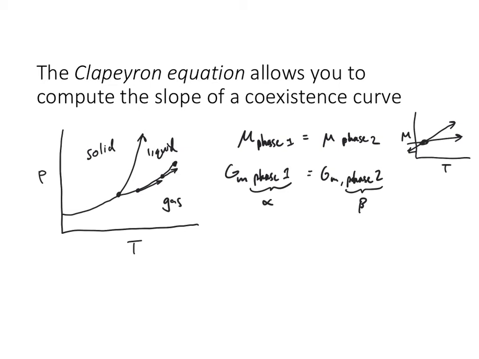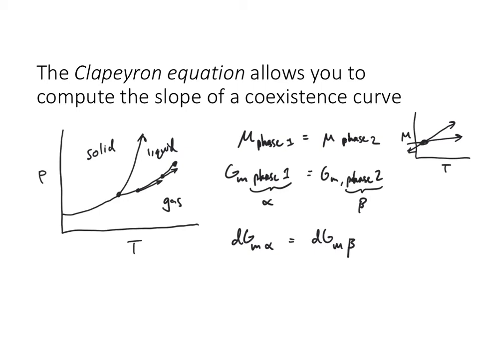Now, if the chemical potentials or the molar Gibbs free energies are equal to each other, then along this coexistence curve, any tiny change in the molar Gibbs free energy is going to be equal between the two phases. The molar Gibbs free energies of alpha and beta are going to be equal. That's so that we stay on that coexistence line.